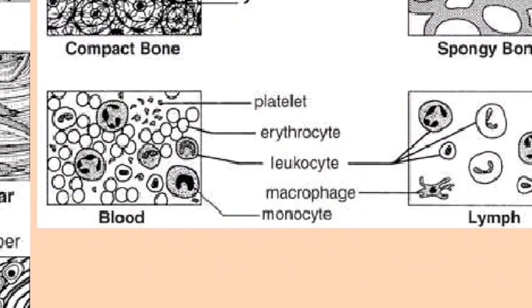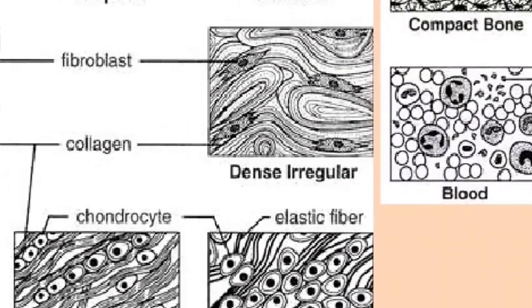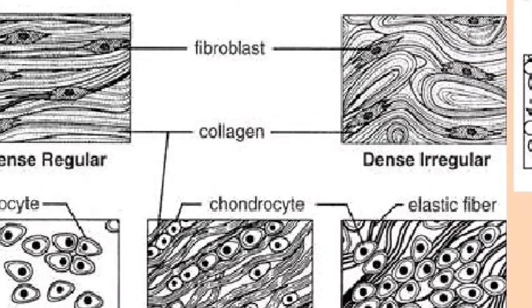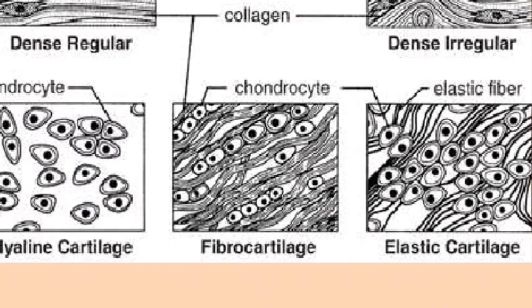Here you are seeing the dense connective tissue, that is bone. Here dense regular and dense irregular. Cartilage, you are seeing the different cellular types of cartilage tissue: hyaline cartilage, fibrocartilage and elastic cartilage.